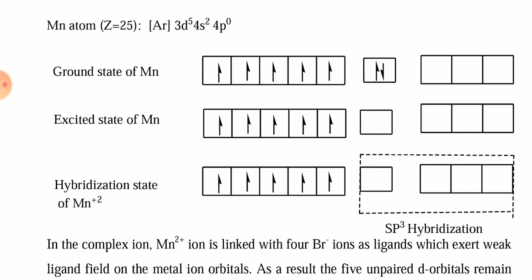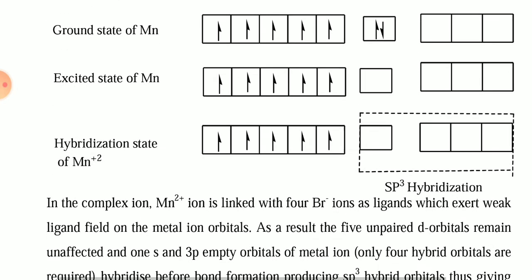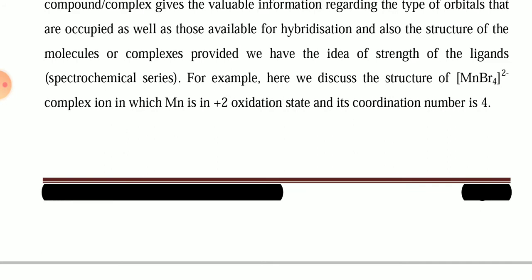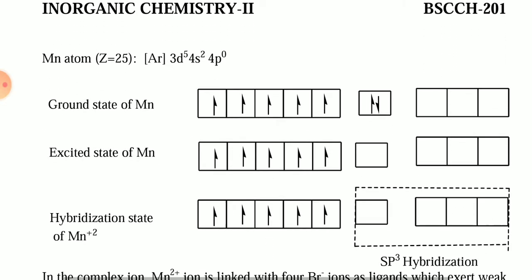The two electrons present in the 4s orbital are removed because we have to find the hybridization state of Mn2+. So the state for Mn2+ is 3d5, with 4s vacant and 4p orbitals vacant. We have 4 Br ligands for coordinate covalent bonds.